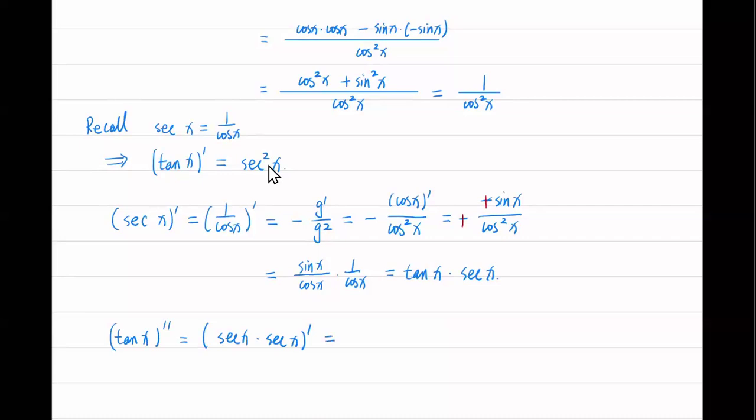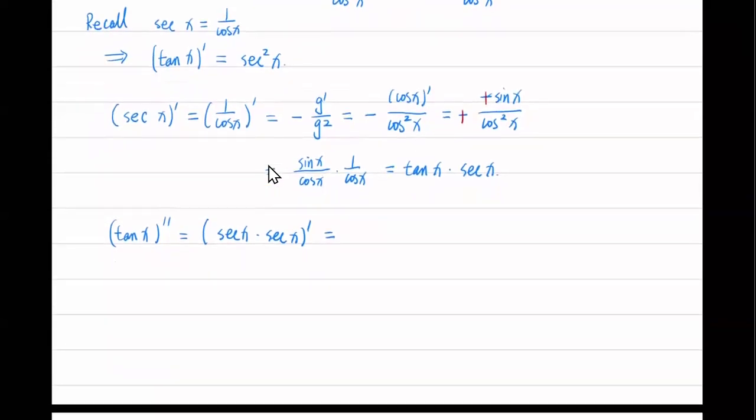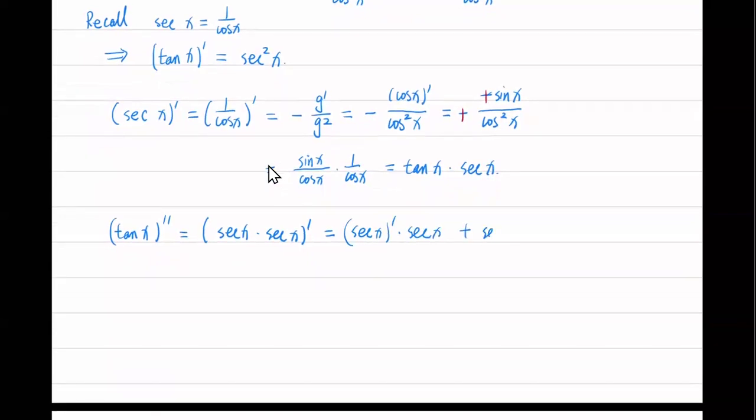Zichen, how do we go from here? How do we find the derivative of the product? The product rule. Okay, the product rule will be secant derivative, copy the second. Copy first, derivative second. And we have found it before, it's tangent.